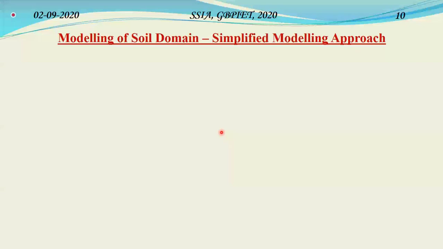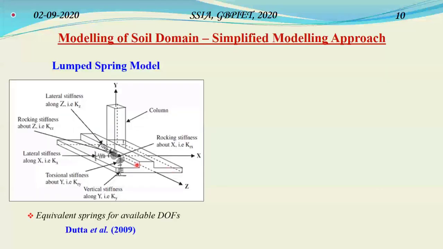This shallow footing has 6 degrees of freedom: 3 translational along x, y and z, and 3 rotational about the x, y and z directions. What we do in this lumped spring model is that we concentrate the entire soil mass and stiffness and form the lumped elements concentrated at one particular node.